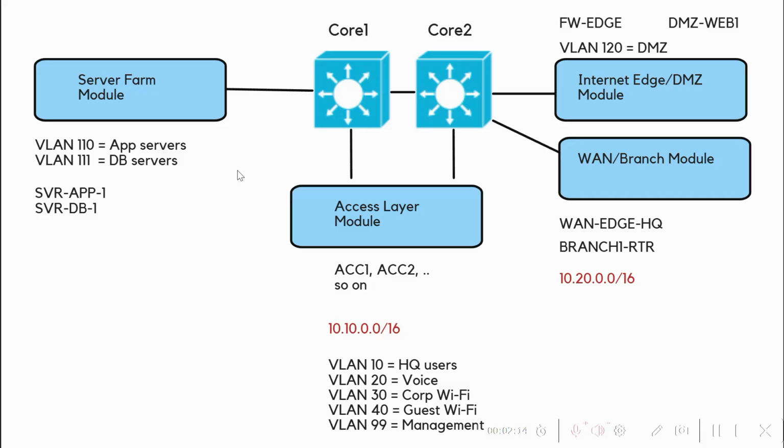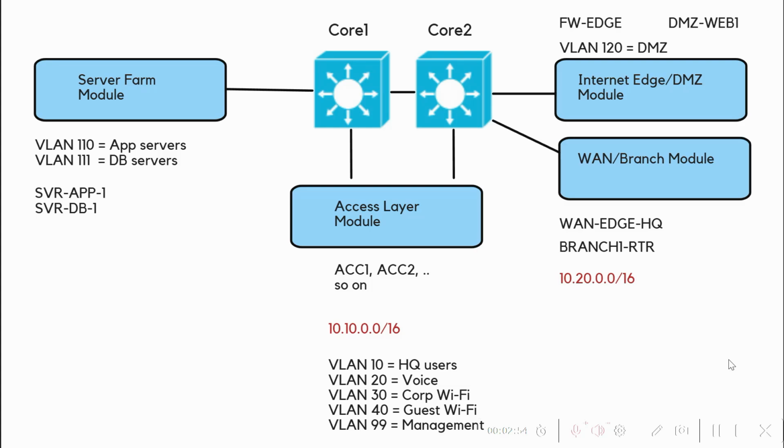At the edge, we have an internet firewall-style router, FW-Edge, connected to an ISP router over here, iNet-RTR, which represents the internet. We also have a DMZ with a web server that is published to the internet using static NAT.